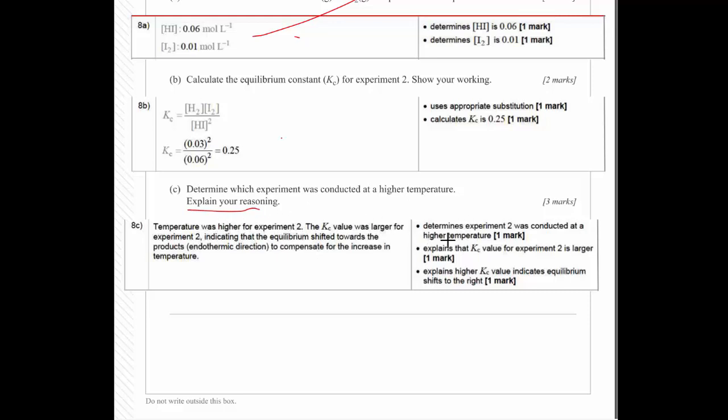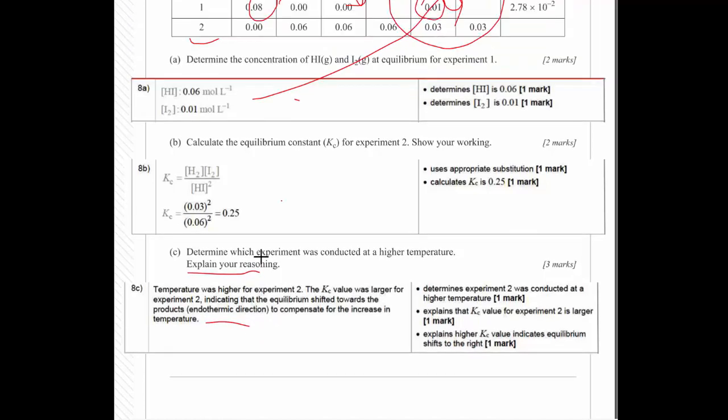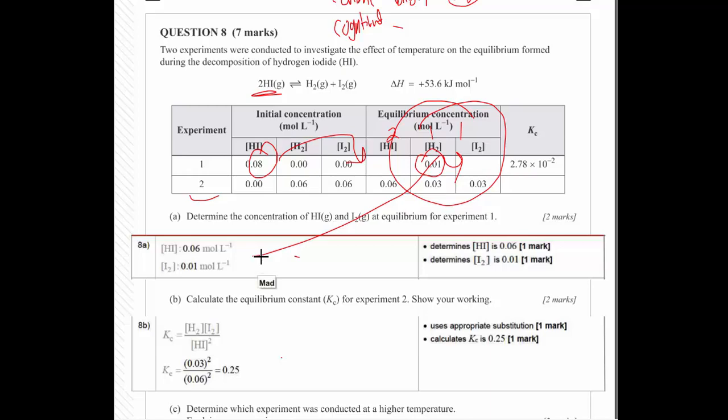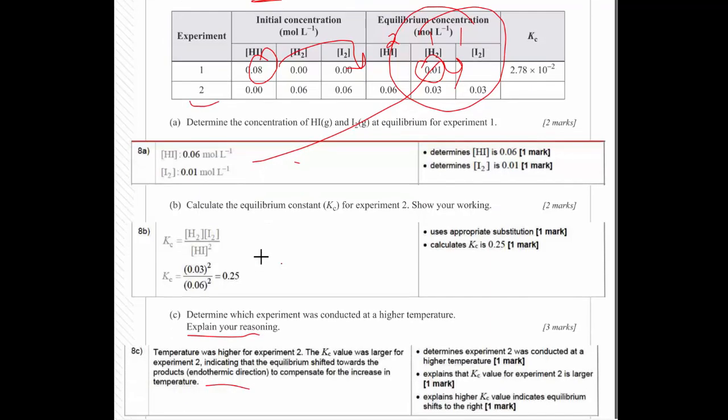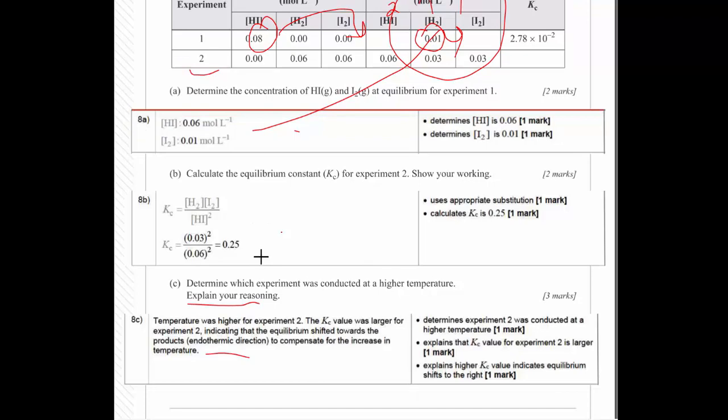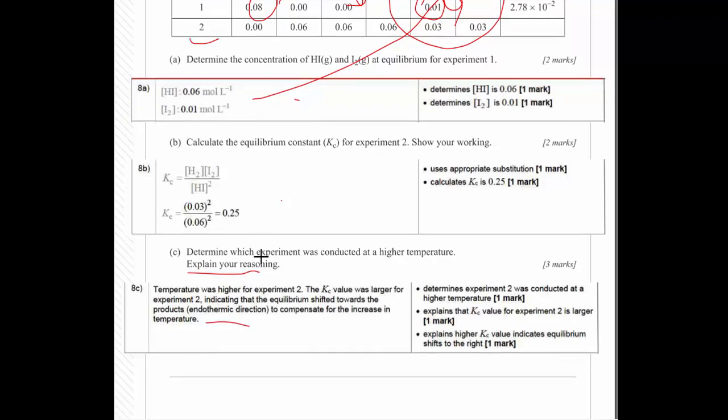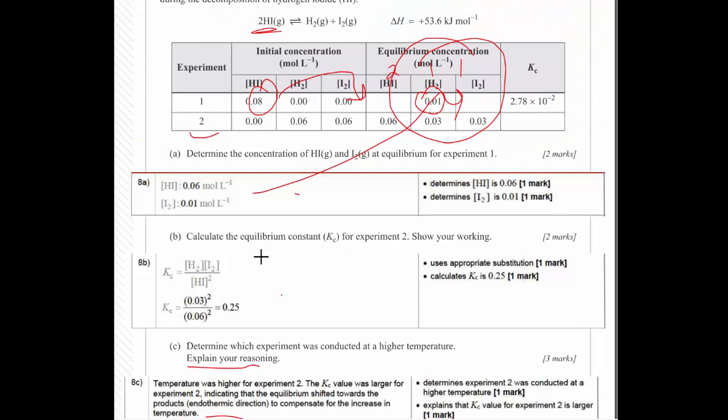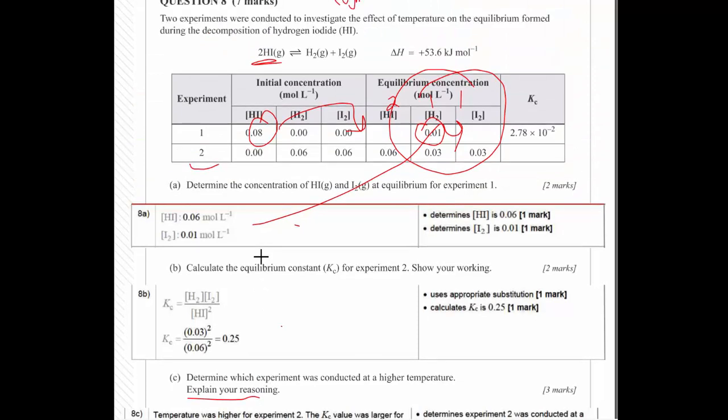It determines that 2 was higher than 1. Kc was larger for 2 to compensate for the increase in temperature. So where was the temperature difference, 1 or 2? Temperature was higher for 2. So in 2, the Kc was 0.25 here.